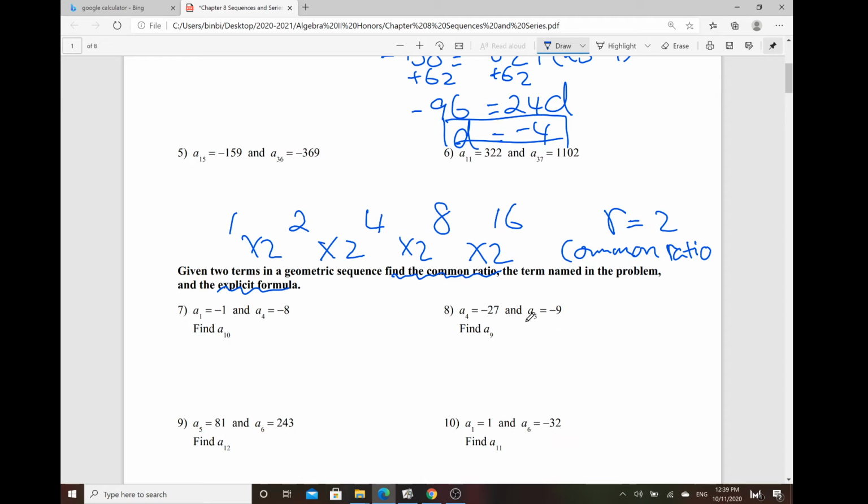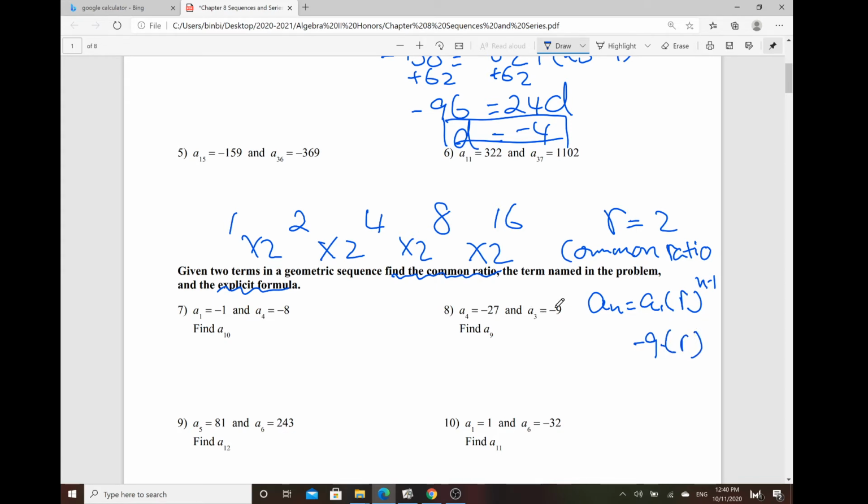So using the structure of the formula, we have a sub n equals a sub 1 times the common ratio to the power of n minus 1. Again, there's no need to start with a sub 1. We can start with the lowest term. So a sub 3 would be the lowest term, so negative 9. Common ratio, we don't know what that is.